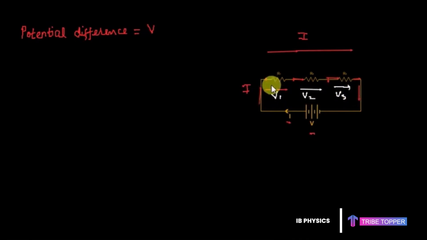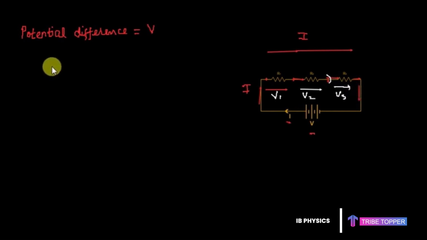Across the first resistor, based on its resistance, some potential will be dropped. It will decrease and then go to the next part. There will again be a loss, and then the remaining would be transferred to the last part.